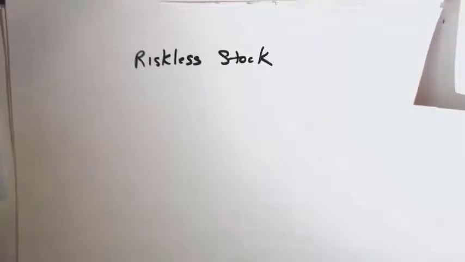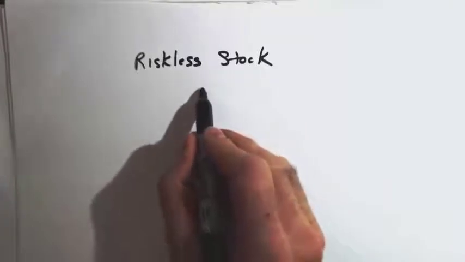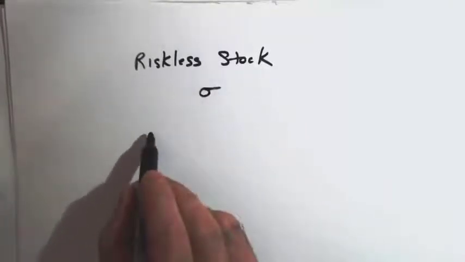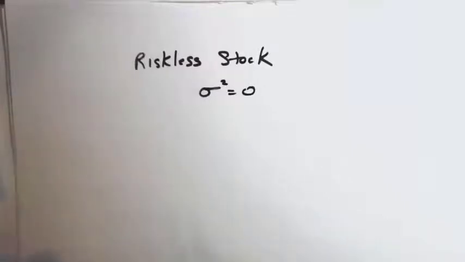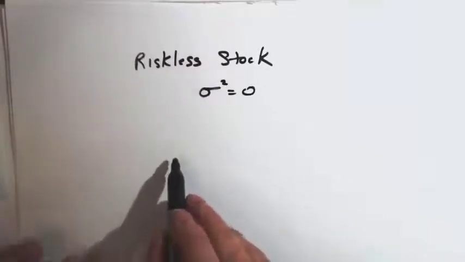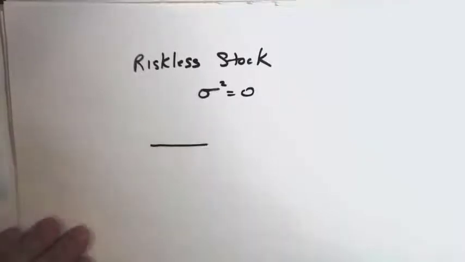A riskless stock is one that doesn't have volatility. Its variance or volatility is zero. So what do we mean by variance or volatility? Well, here's a riskless stock over time: it doesn't move. You know exactly where it's going, so there's no risk.